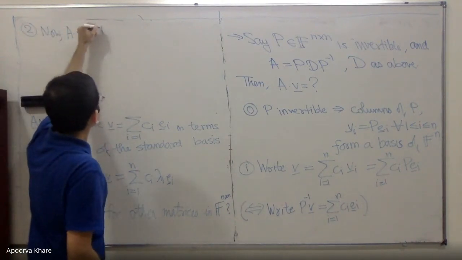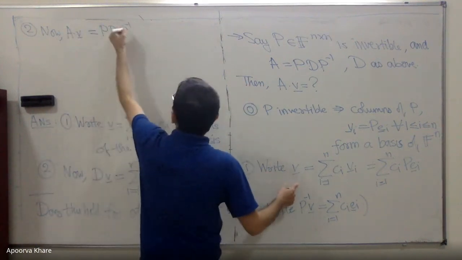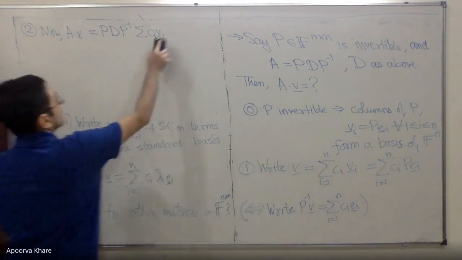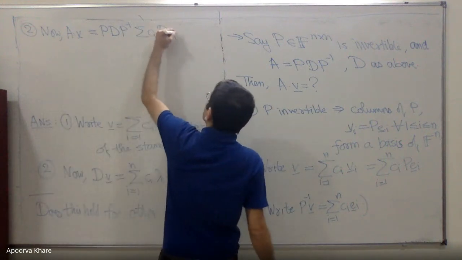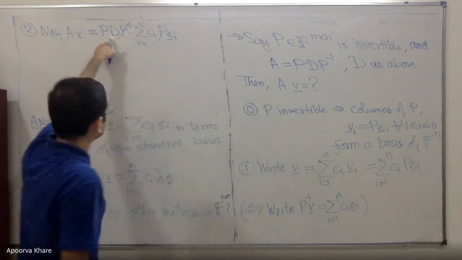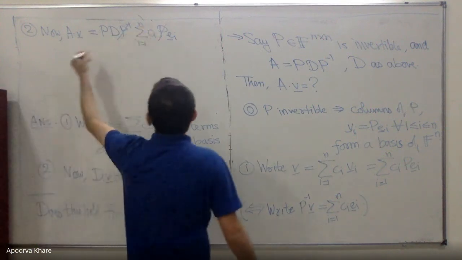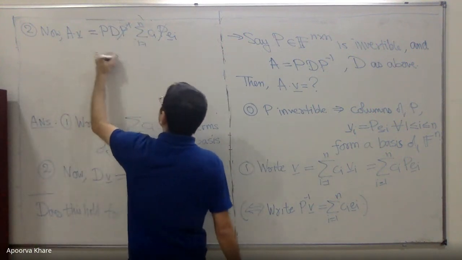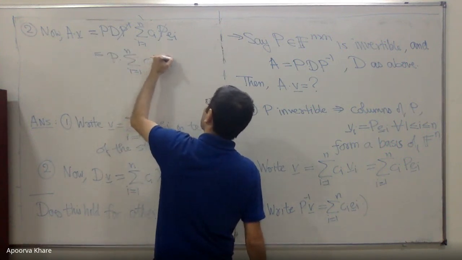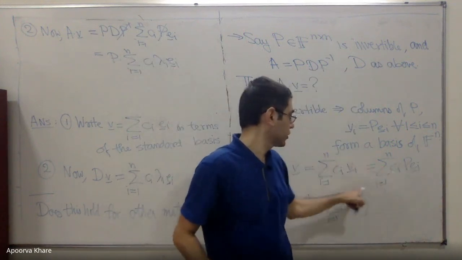Well, you can write what is A. A was P times D times P inverse times V. But what was V? This was the sum of Ci times P Ei. So you see the P inverse cancels with the P. Now you have the same calculation, D times the summation of Ci Ei, which gives the lambda factor. So you get P times the summation, i goes from 1 to n, of Ci lambda i Ei. And then again you put back the P, and now P times Ei was back again to Vi.